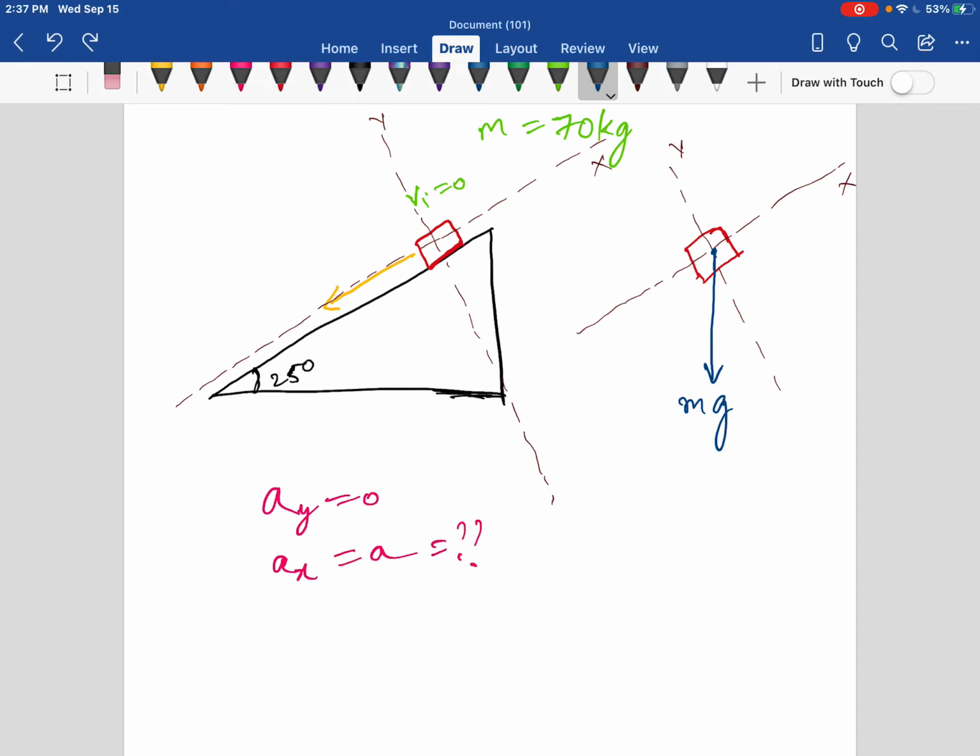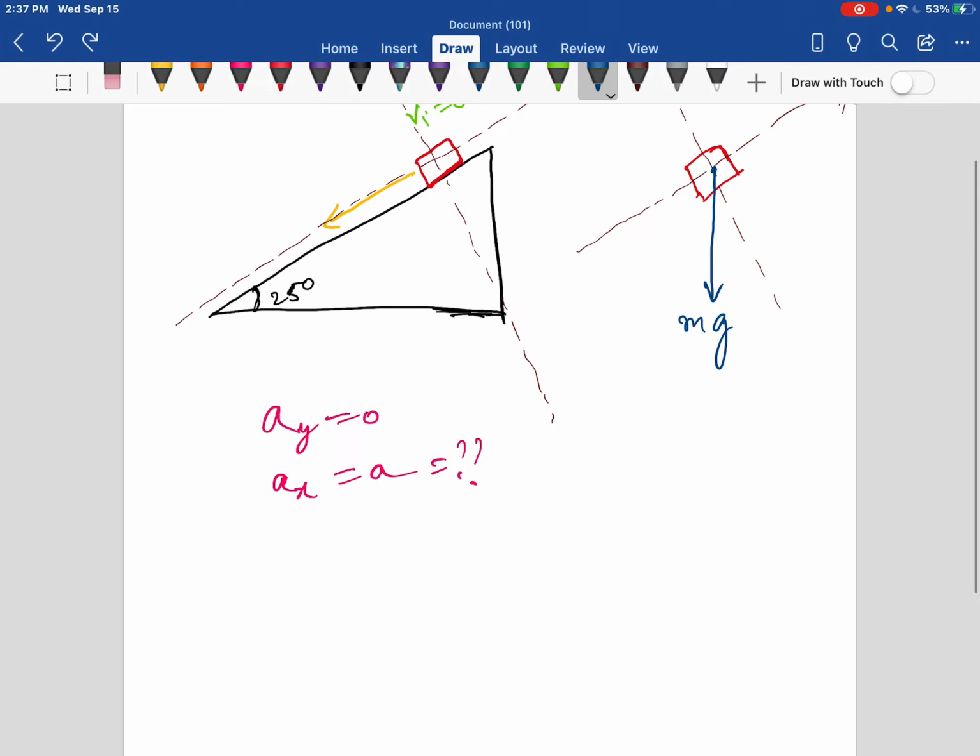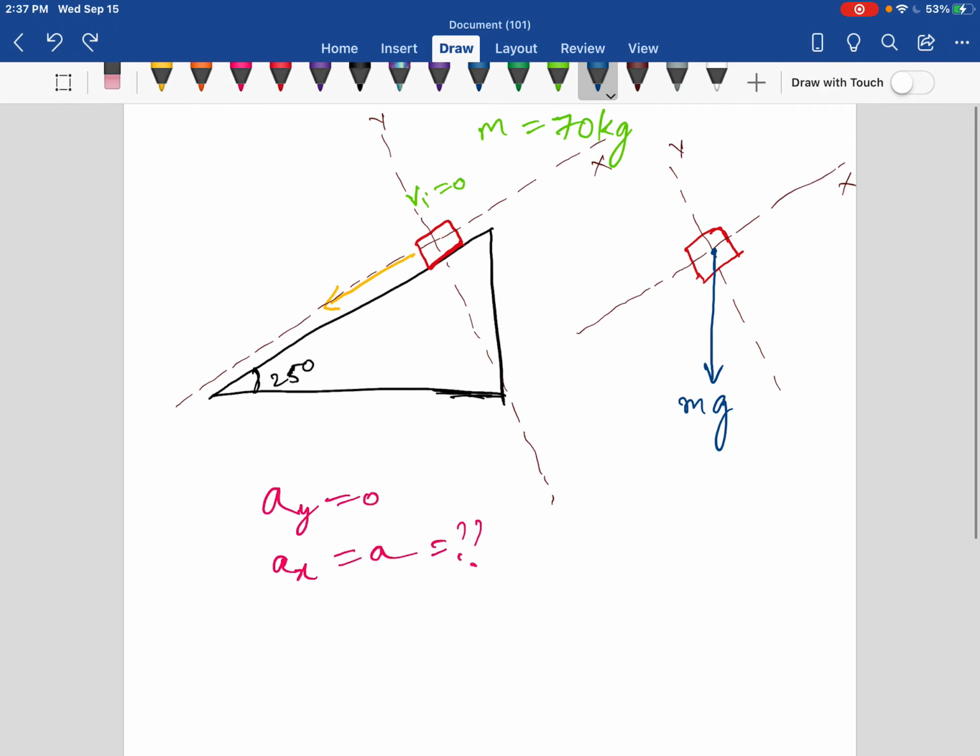Gravity mg, we've drawn that. But the other thing which the object is actually touching is right here, so that is the normal force. There will be a normal force because of that touch, and the normal force is always perpendicular to the surface.